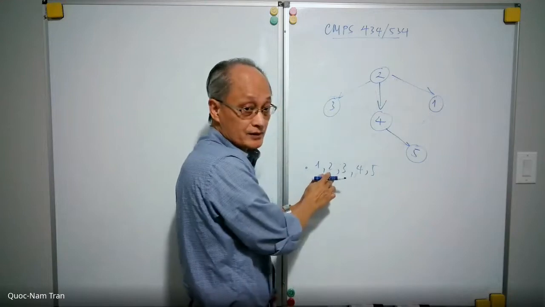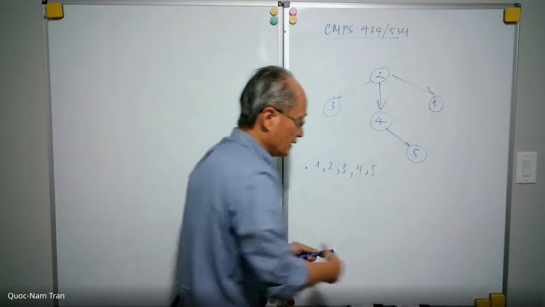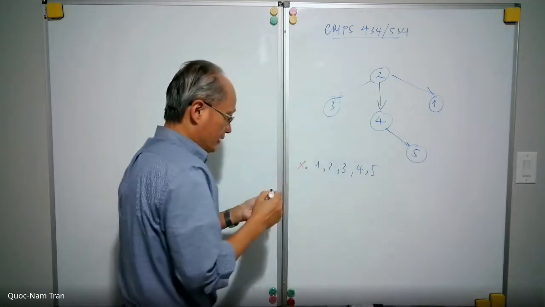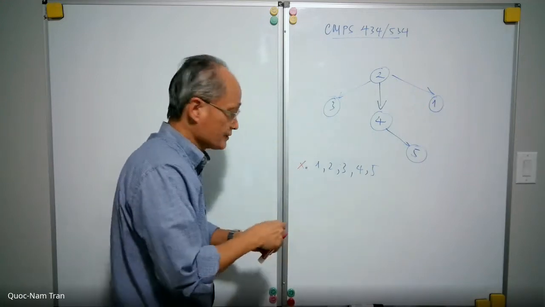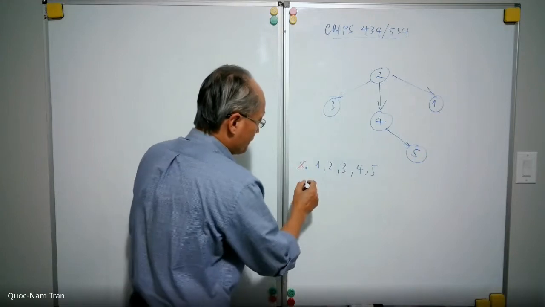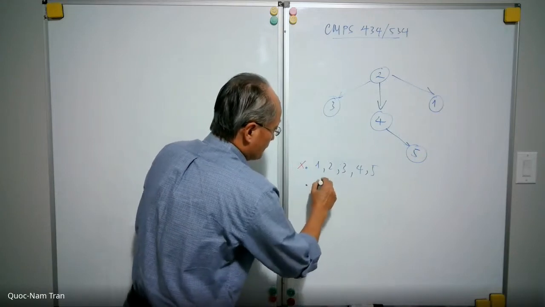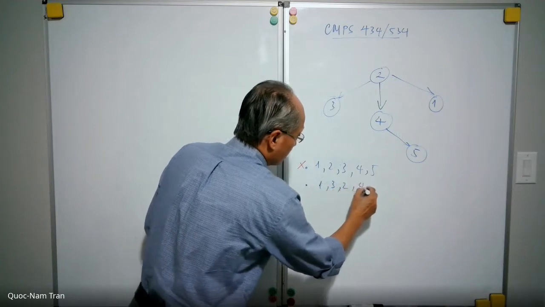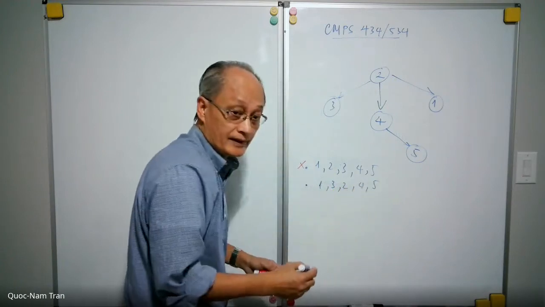It's a violation, so we know that this one will not work. And then we check the second case, for example, 1, 3, 2, 4, 5, etc.